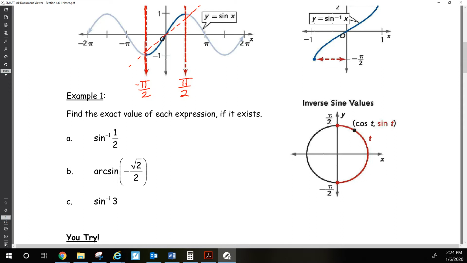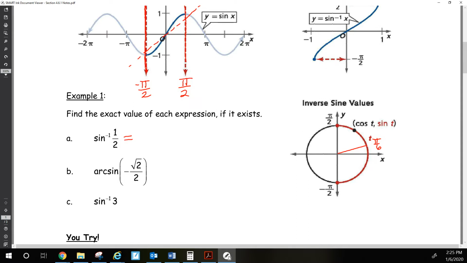So if I want to find the sine inverse of 1/2, what I'm really asking myself is, for what angle is my sine value 1/2? Sine is our y value. So where on my unit circle is my y value 1/2? The first one we run into is right here at pi over 6.